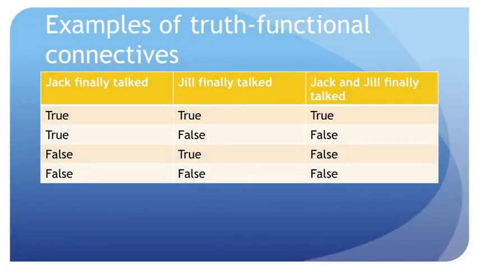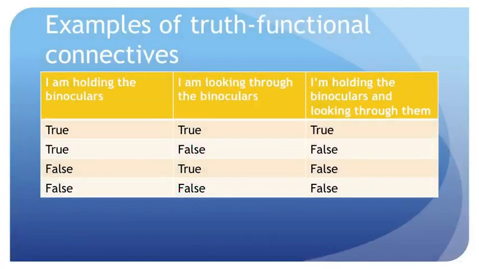There are lots of other examples. So for instance, consider the use of "and" as a truth functional connective in the proposition, "I'm holding the binoculars and looking through them." Again, when is that proposition going to be true? It's going to be true only in these cases where it's true that I'm holding my binoculars, and it's also true that I'm looking through my binoculars.